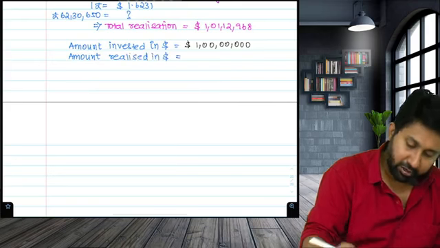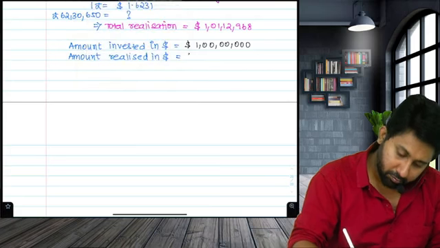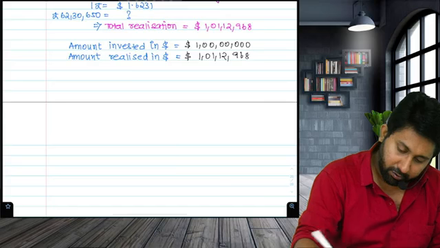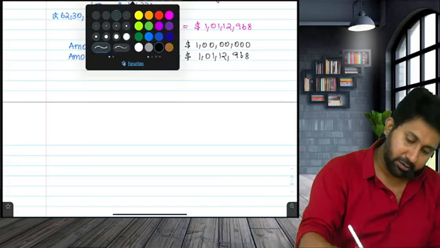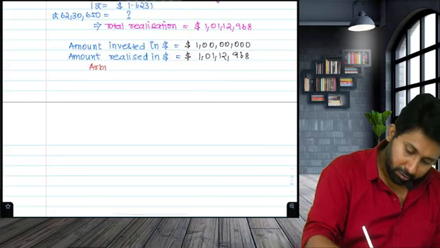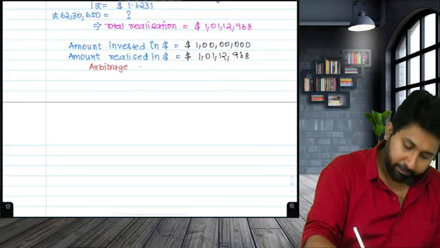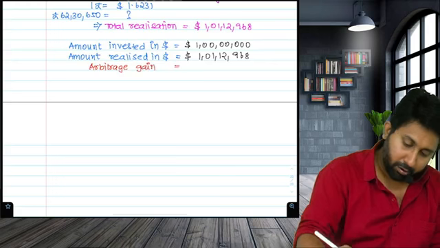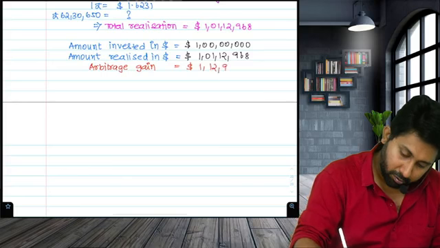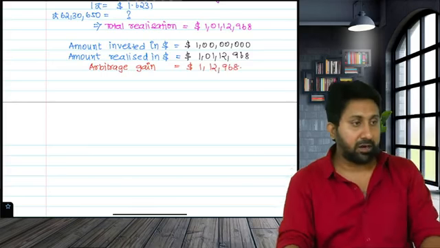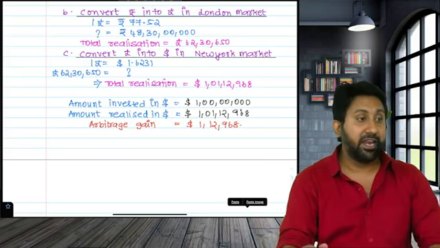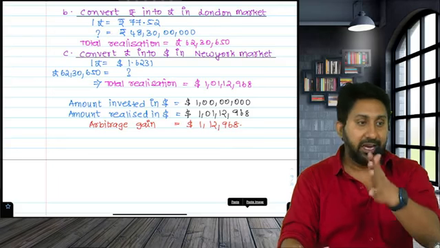Amount realized in dollars: 1 crore 1 lakh 12,968. So 1,12,968 dollars gain is made on what? Just on a mouse click.